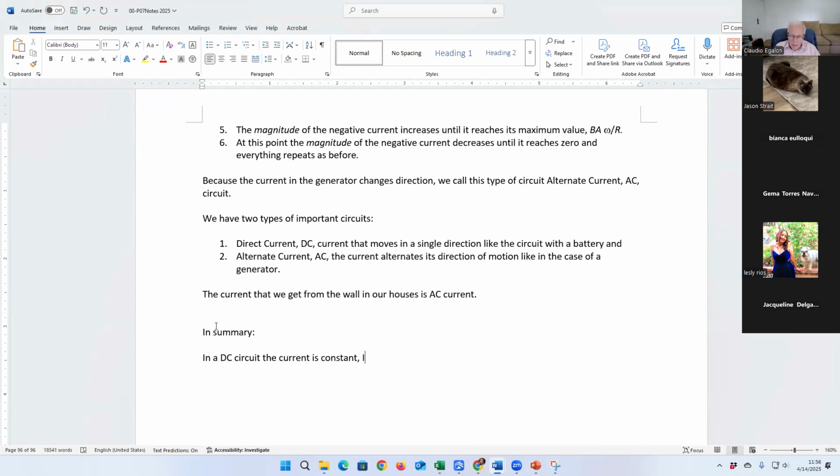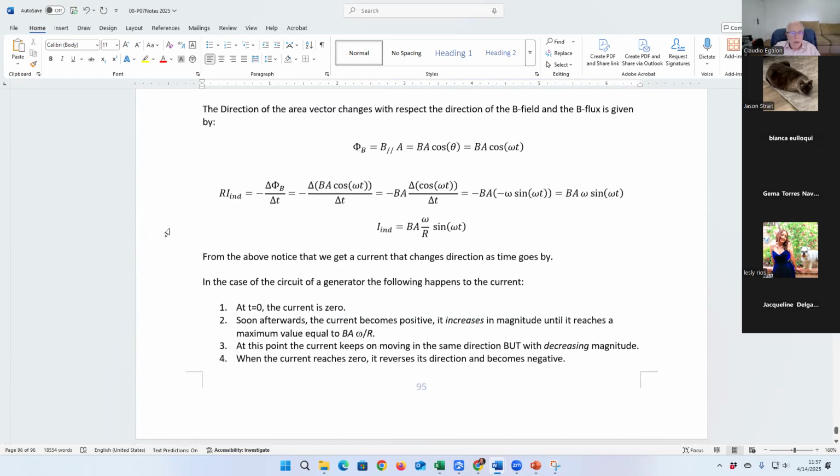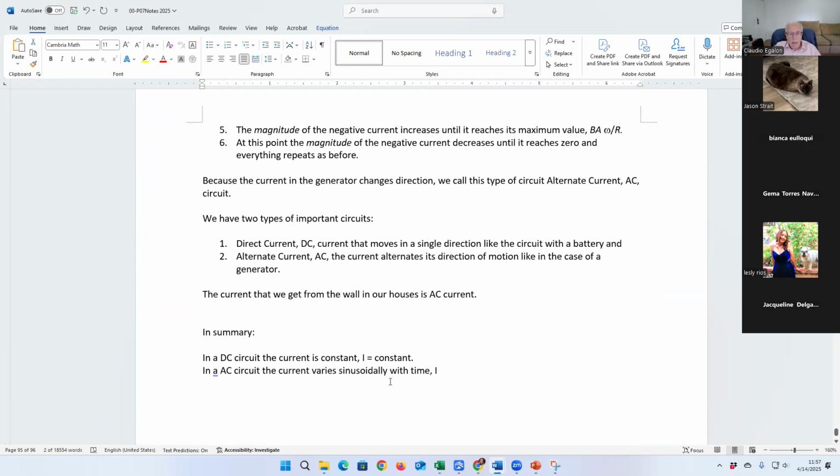In an AC circuit, the current varies sinusoidally with time, so i is proportional to sine omega t.